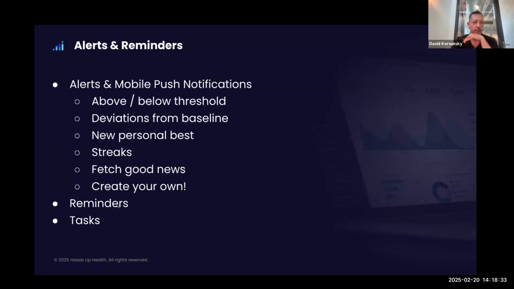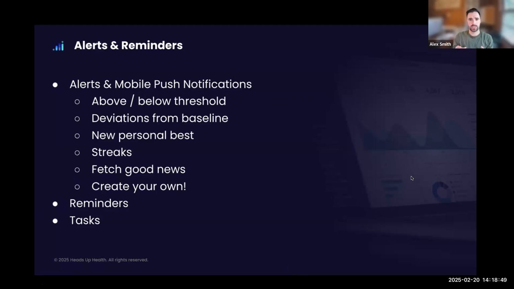And then Alex, just quickly on reminders and tasks, and then we'll switch gears. Yeah, so I'll show where those are in the demo as well, but reminders and tasks are kind of a different flavor of feedback from the system. All the alerts are really data driven.